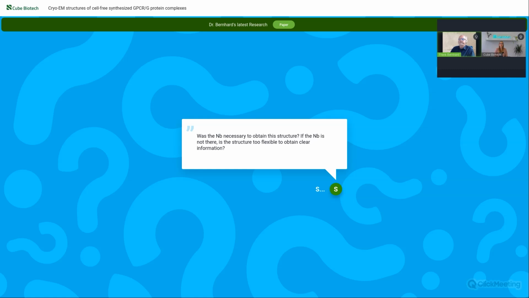We did not attempt to make it without the nanobody. Theoretically, it is possible. We could purify the complex also via the strep tag of the GPCR. But nanobody 35 is known to stabilize the G protein trimer, and it also makes the complex larger, which would facilitate the Cryo-EM evaluation. So it has benefits. I don't know whether it is absolutely essential.